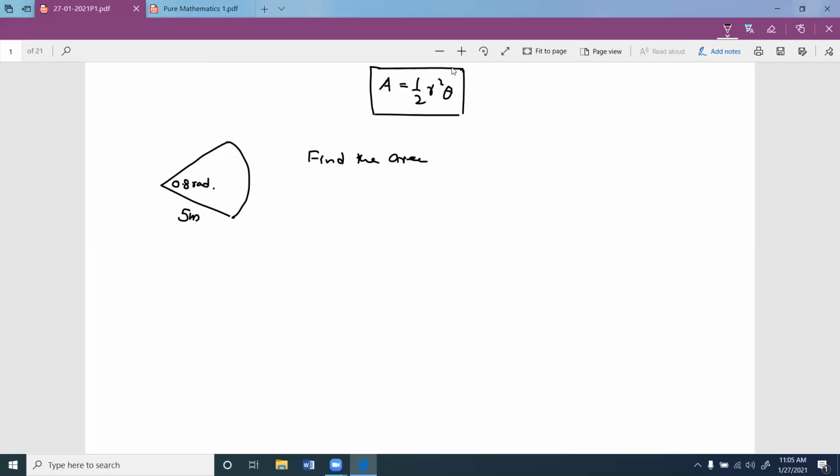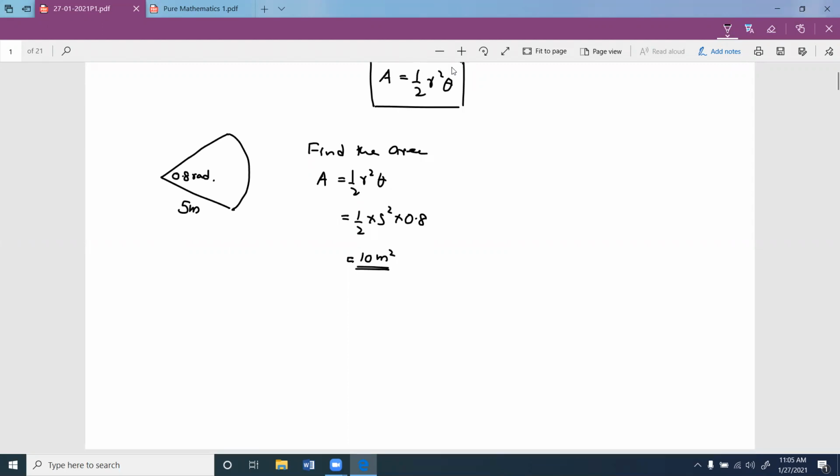You can find the area by the simple formula half r squared theta. That is half into 5 squared into 0.8. 5 squared is 25, into 0.4, it's 10 square meters. From here you get the answer.